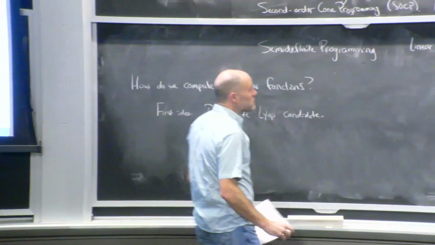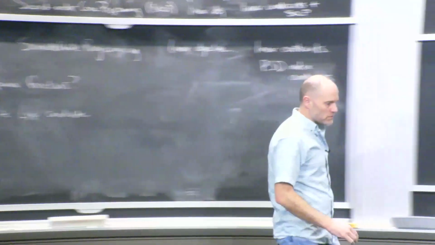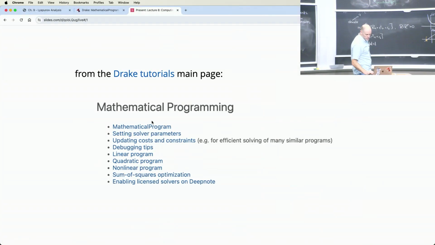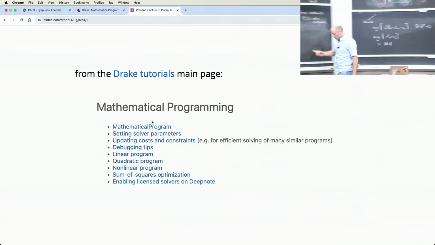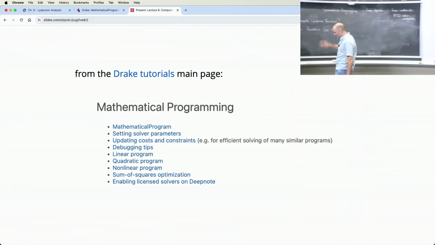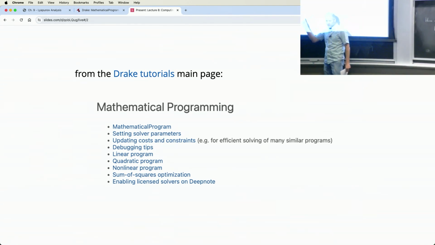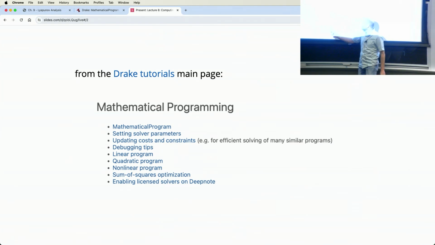Oh, by the way, some of you have seen it, but if you haven't, the tutorials across Drake are at various levels of readiness. I would say the mathematical programming tutorials are the most detailed. You have a general overview of how to use mathematical programs, but there are specific examples of linear program, quadratic program, arbitrary nonlinear program, sums of squares, and semi-definite programming, which is what we're going to cover today.